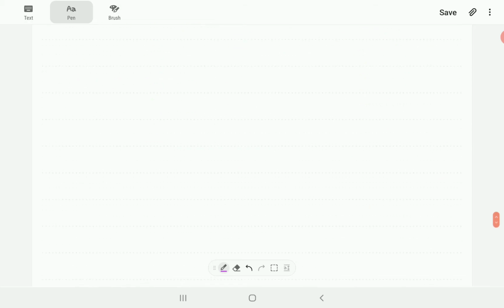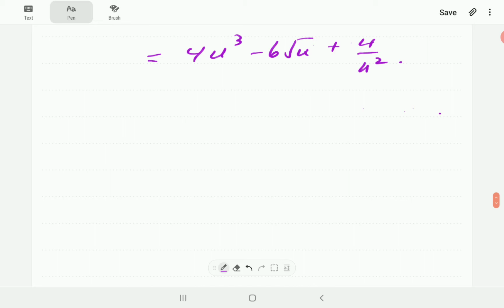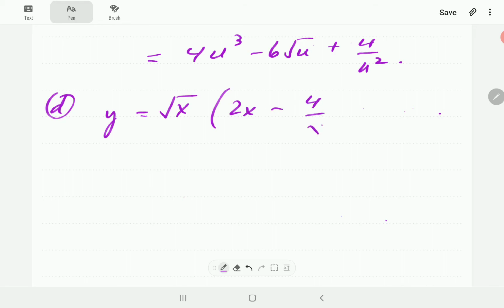Then going to D, in D we have got y equal the square root of x times 2x minus 4 over x cubed. So again, here we're going to remove brackets first. So just simplify this first. So we're going to have 2x times square root x.